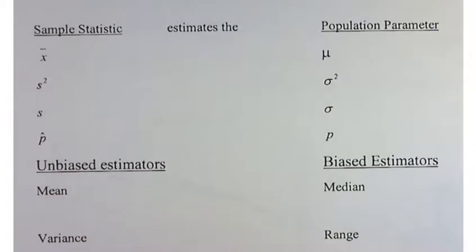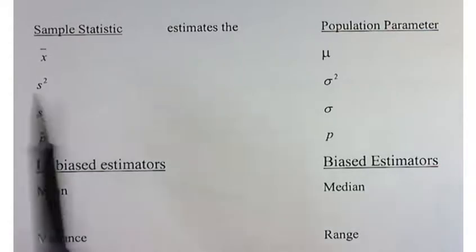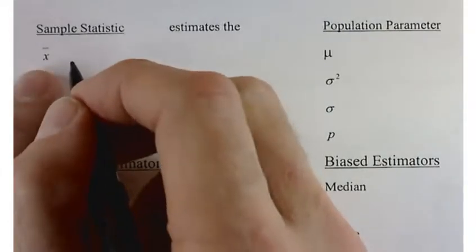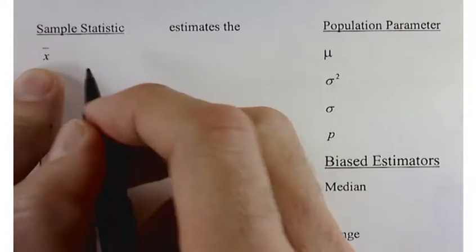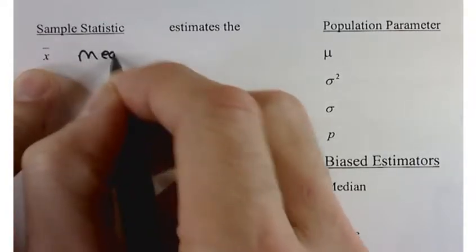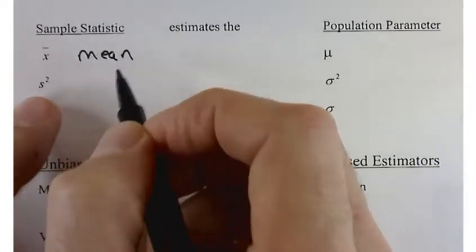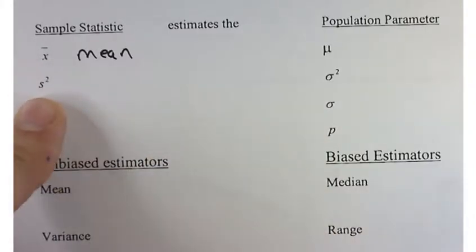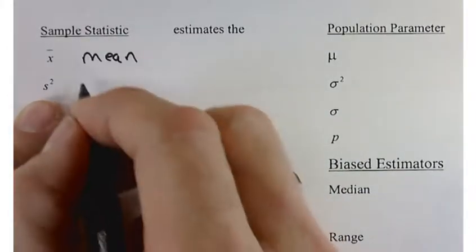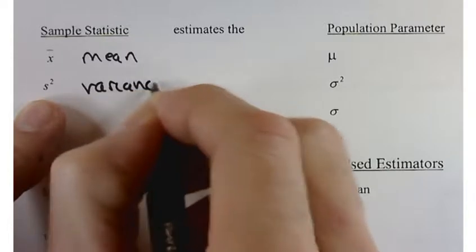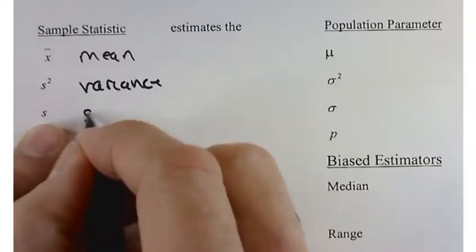These are our sample statistics, and these are what they estimate. So what's X bar represent? That's the mean. And in this case, it's the sample mean. How about S squared? Variance. And then the standard deviation.